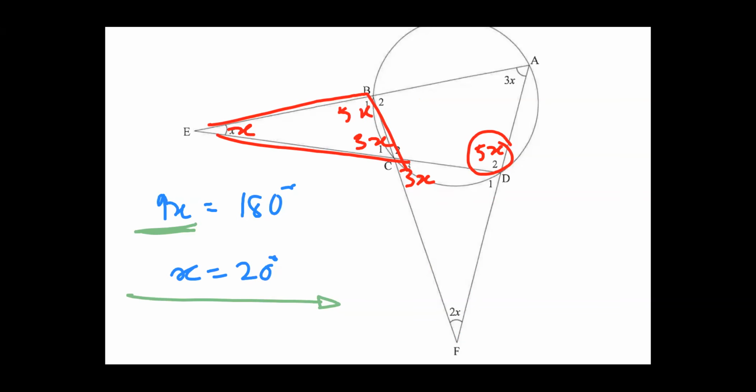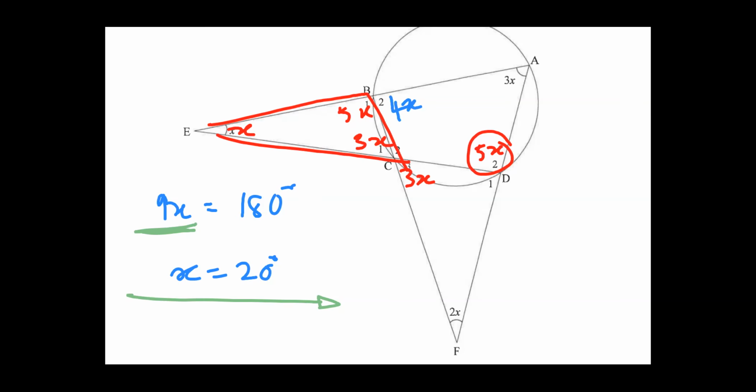Thank you, sir. That's also how I looked at it. Why did I do it differently? Where did I get a 4x from? I also got to 20 degrees, but somehow I calculated the angle B2 as 4x. It is also true.